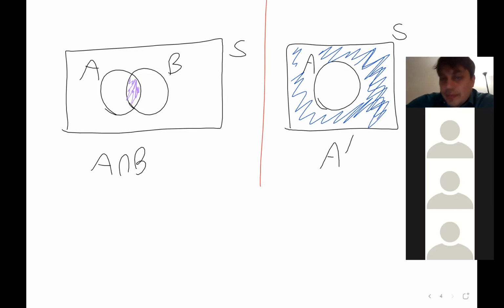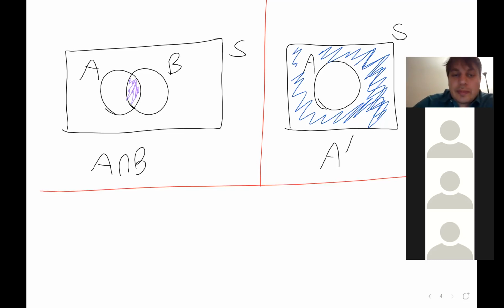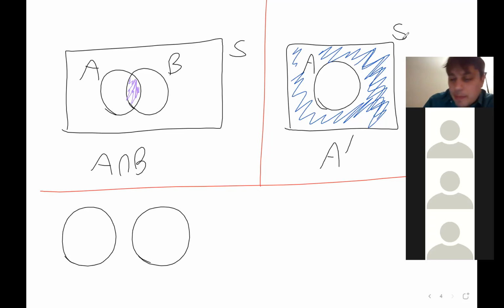Okay, and then if you have disjoint sets, right? I already said this before, but if you have two circles C and D and you draw them like that, this is one way to illustrate that two sets are disjoint, or that their intersection is empty.